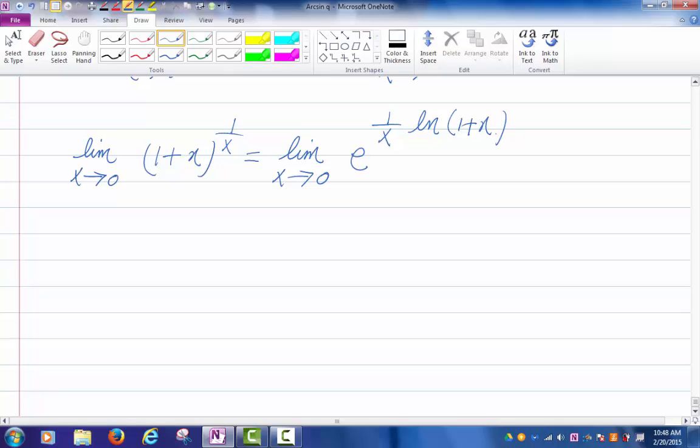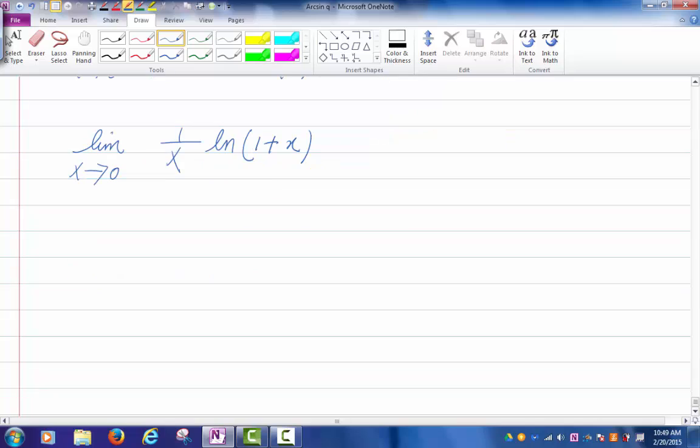So let's focus now on the limit as x goes to 0 of (1 over x) times ln of (1 plus x). If I know this limit, then I can just put that in the exponent and I get my answer. Now remember what I want to show. I want to show that the limit is e, which means I want to show that the limit of the exponent is 1. So let's see if this is really 1.